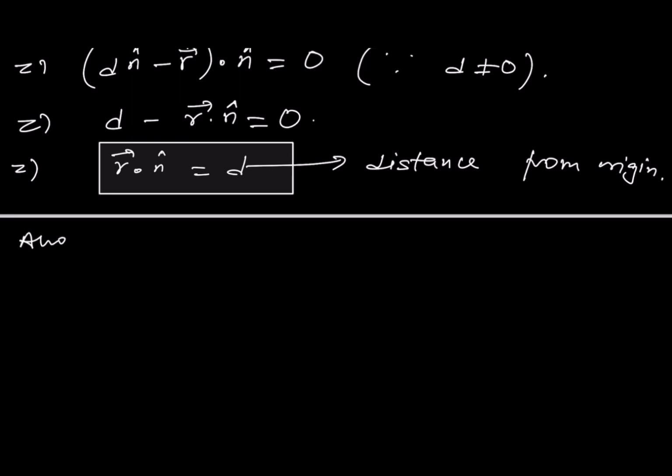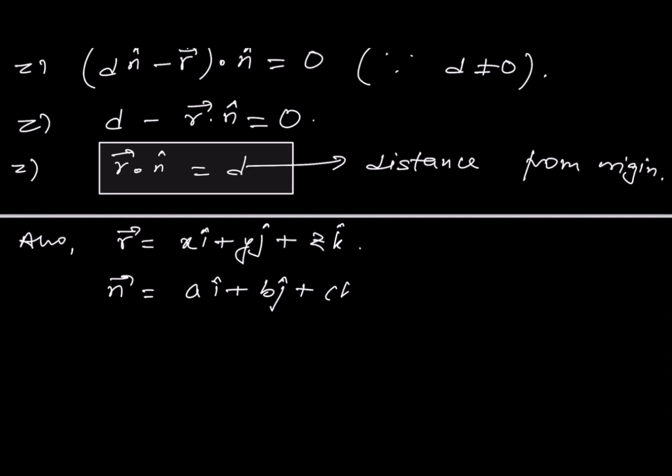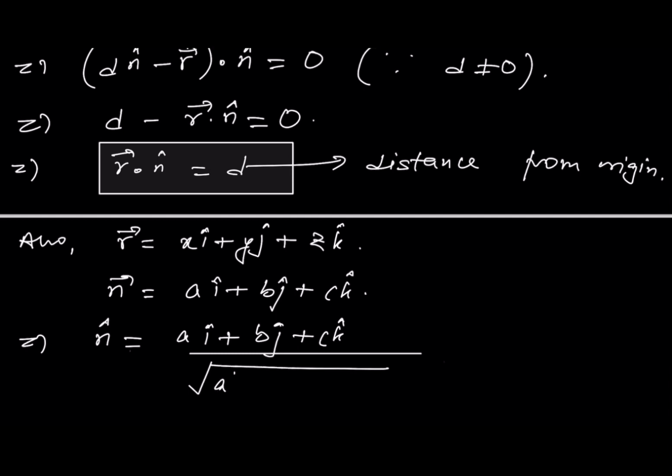If I am interested in finding the Cartesian form, then we can write r vector is equal to x i cap plus y j cap plus z k cap, and n vector is equal to a i cap plus b j cap plus c k cap, right? So n cap will become (a i cap plus b j cap plus c k cap) over root over a square plus b square plus c square.